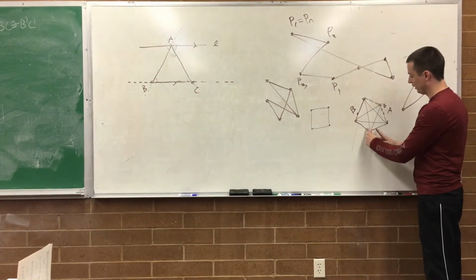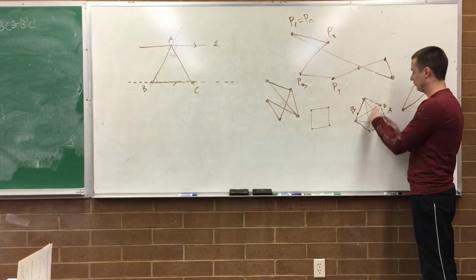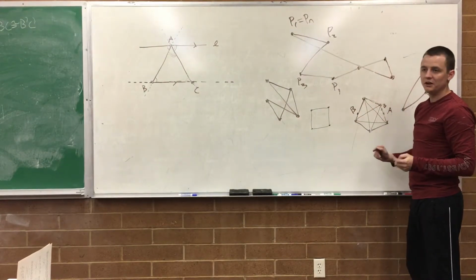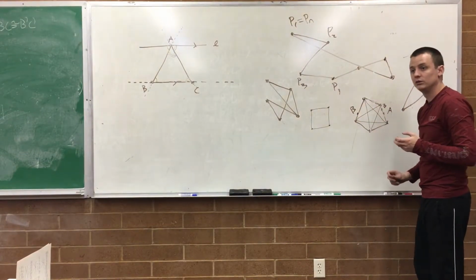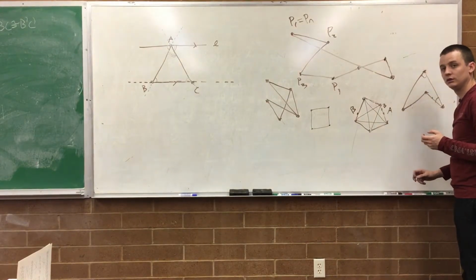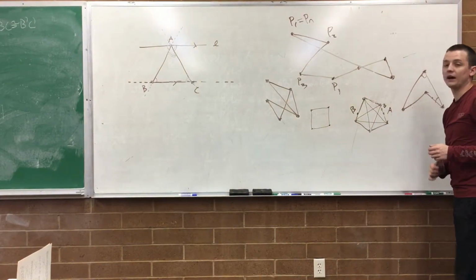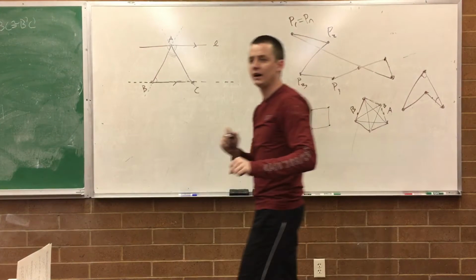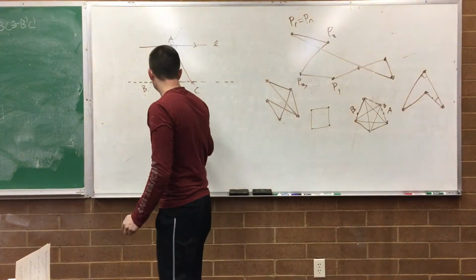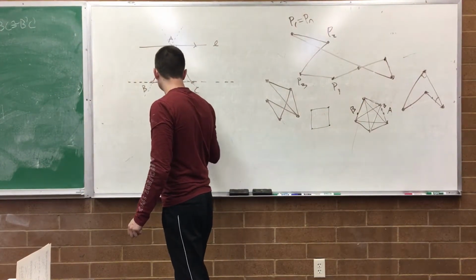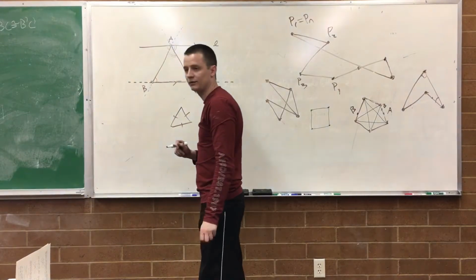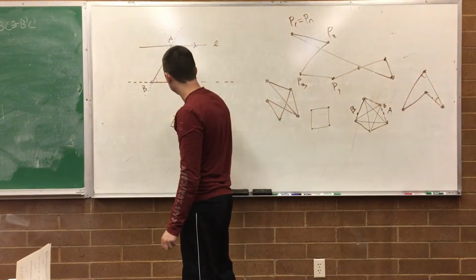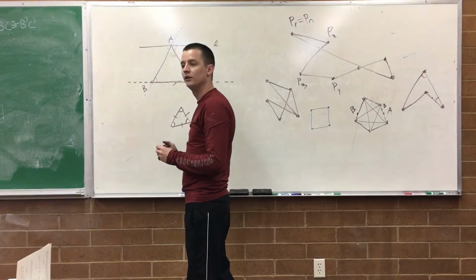And if I would have drawn it so that that angle is the same as that angle, as that angle, as that angle, as that angle, it would have been an equiangular pentagon. One of the proofs that we already did in this class, or maybe it was a homework problem, was that an equilateral triangle, all the sides the same, is also equiangular. That's one of the proofs that we did.